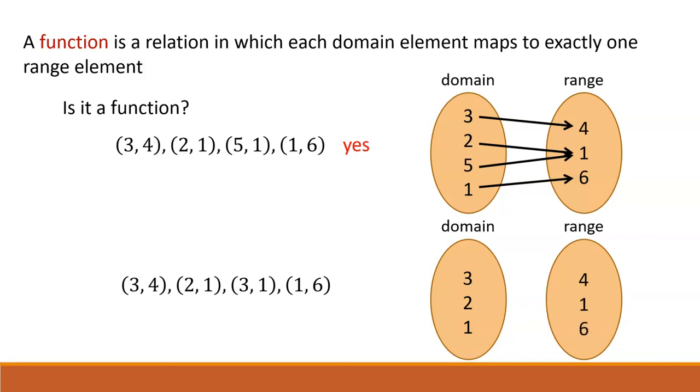Now let's do the mapping. (3, 4), (2, 1), (3, 1), and (1, 6). This relation is not a function, and it's because of what's happening with the domain value 3. 3 maps to both 4 and 1. So we can't say there's only one range element that matches up with the domain value of 3. That means we don't have a function.